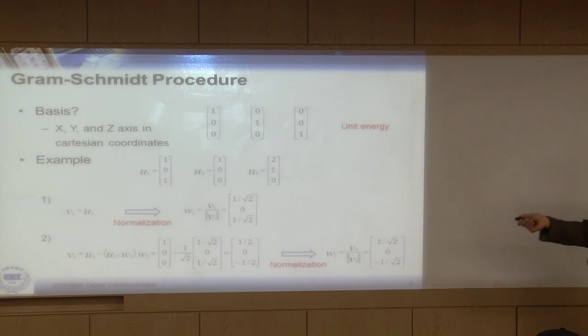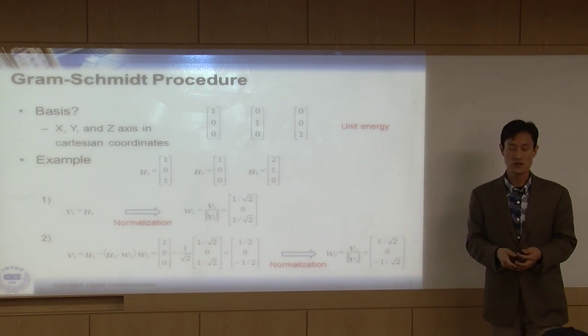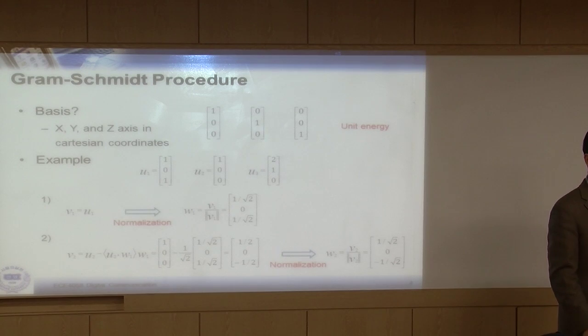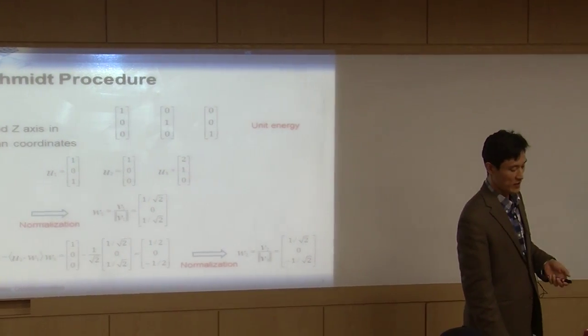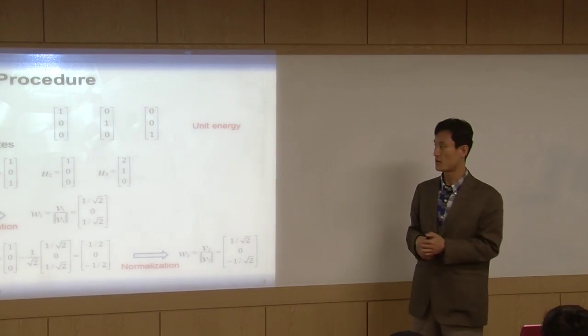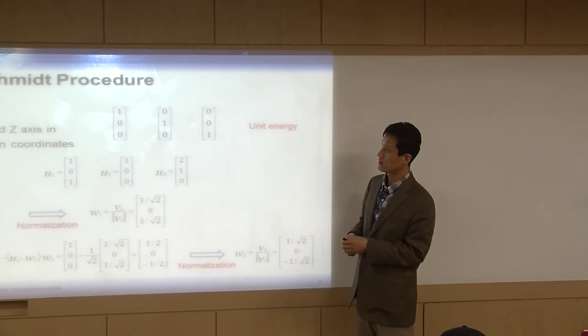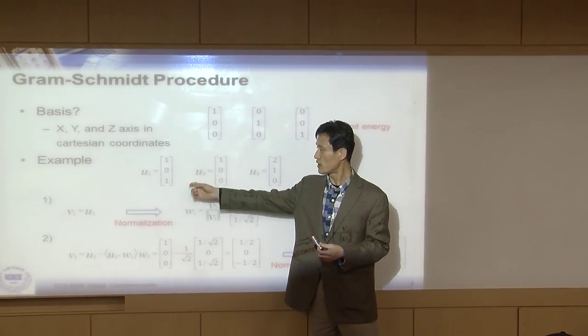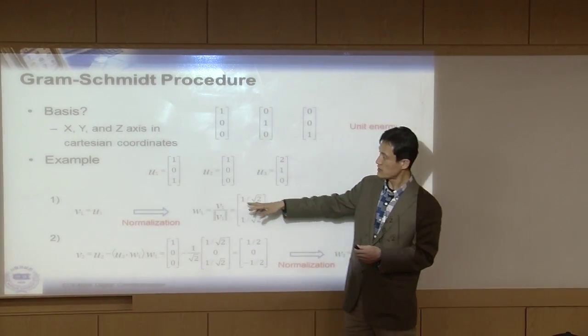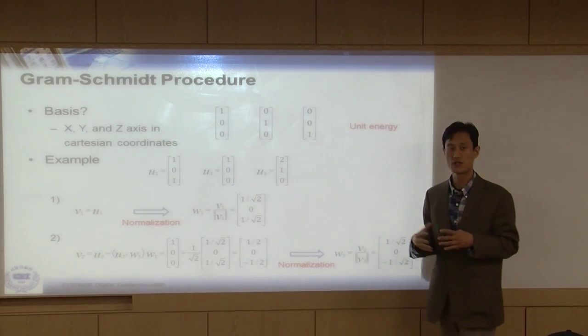Given that, this Gram-Schmidt procedure tells you how to make some of the non-orthogonal vectors orthogonal, right? For example, when you have u1, u2, u3, right now these three vectors are not orthogonal to each other.